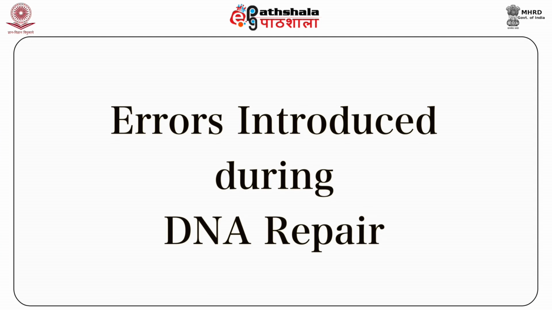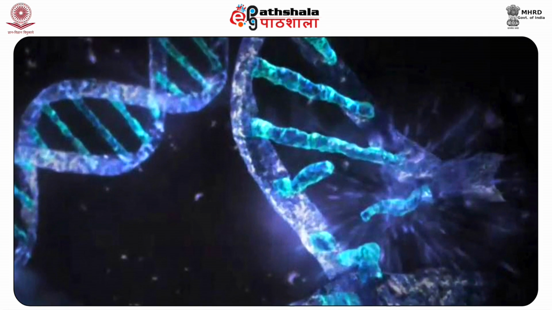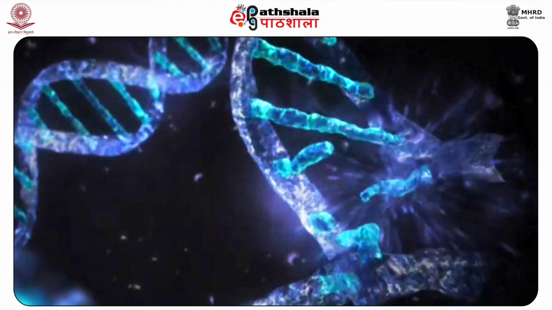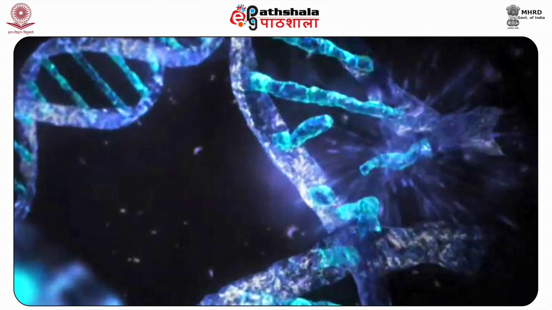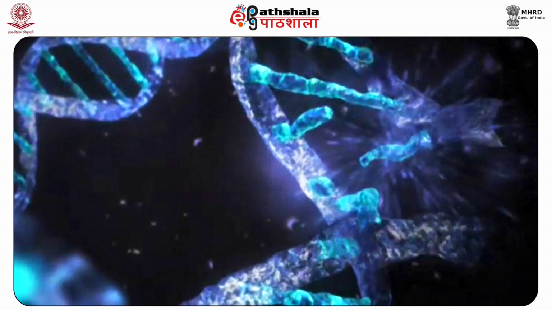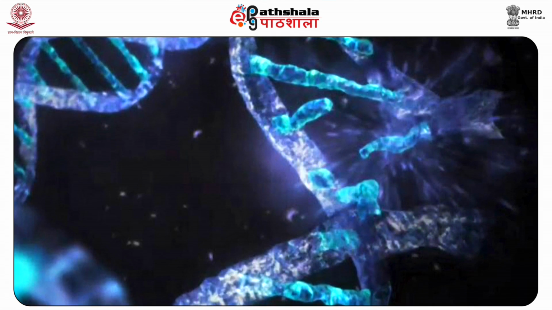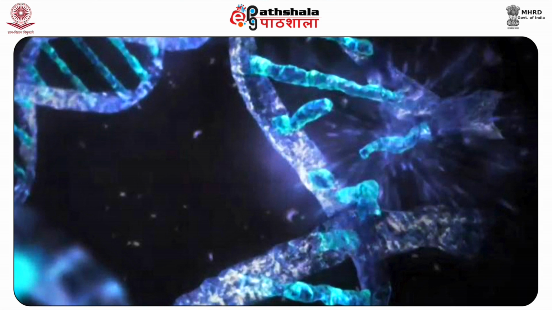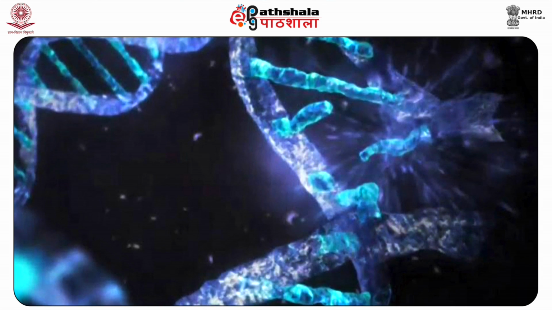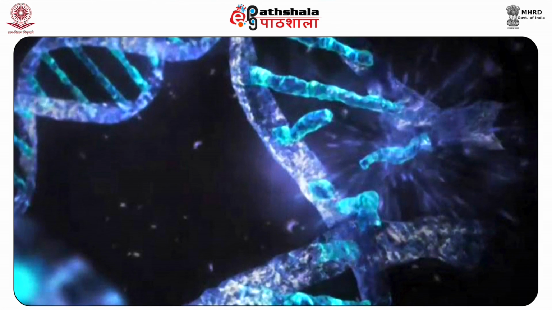Next is errors introduced during DNA repair. Although naturally occurring double strand breaks occur at a relatively low frequency in DNA, their repair often causes mutation. Non-homologous end joining is a major pathway for repairing double-stranded breaks.